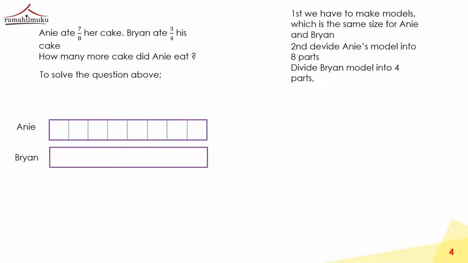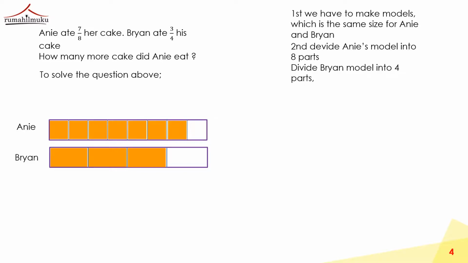Then divide Brian's model into 4 parts because in Brian's fraction the denominator is 4. Then we cover up 7 out of Annie's 8 squares because Annie ate 7 out of 8 of her cake, and for Brian, we cover up 3 out of his 4 squares because he ate 3 out of 4 of his cake.